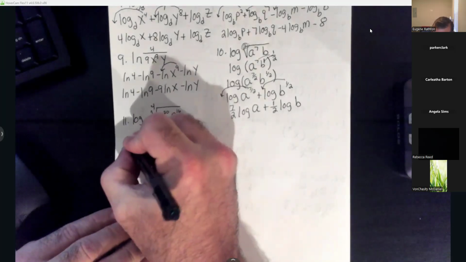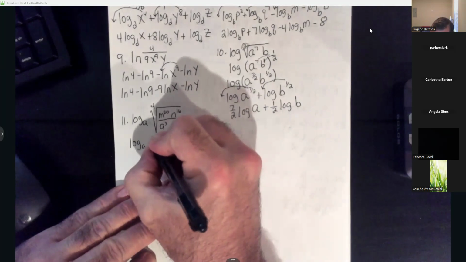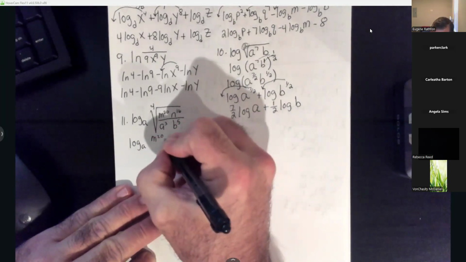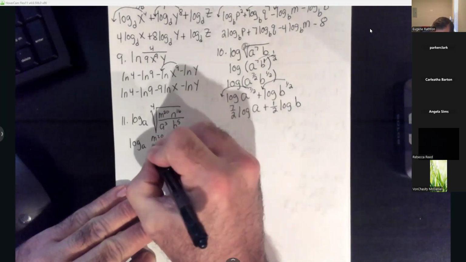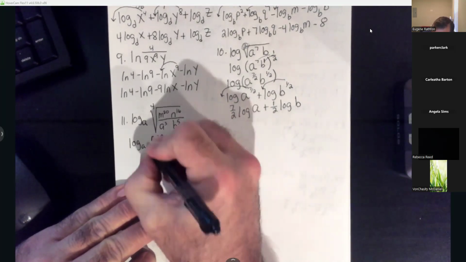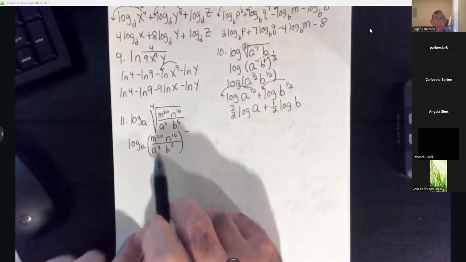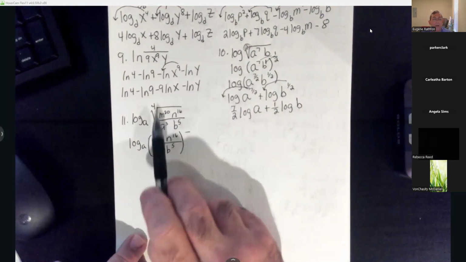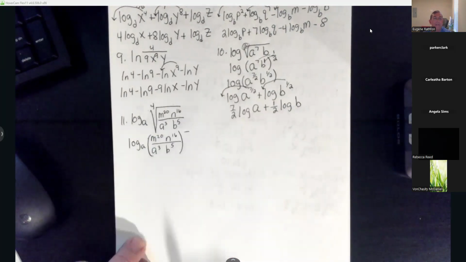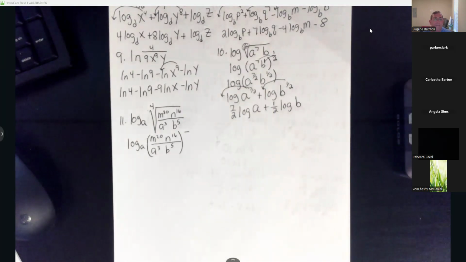So the first step, let me rewrite this, and I'm going to put m20 n16 over my a cubed b to the fifth. I'm going to put them in a big set of parentheses. Now, what exponent would I rewrite this fourth root as? So we need to figure out our exponent here first.